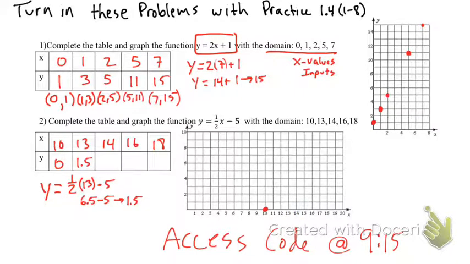So halfway there. Plug in the next one, which is 14. Half of 14, or 14 times 1/2, is 7, minus 5, you get 2. So we have 14 comma 2, which is that guy right there.